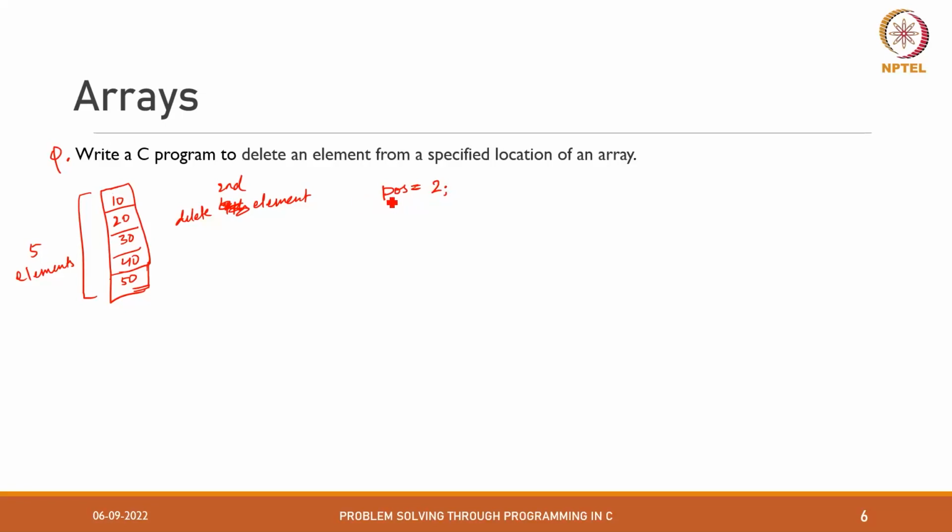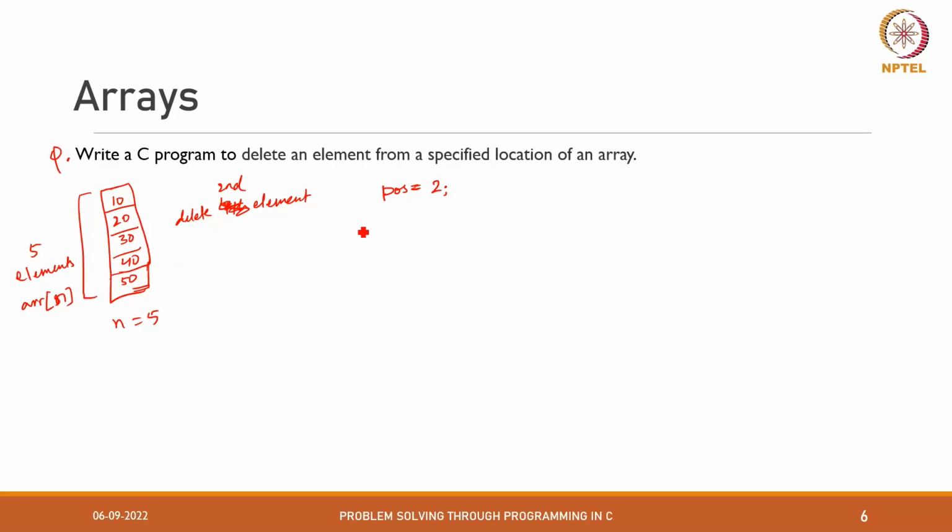This is the element I want to delete, that is the second element. I have this array, which is of size 5, so n is equal to 5, and say my array name is ARR. So ARR is the variable name of this particular array.